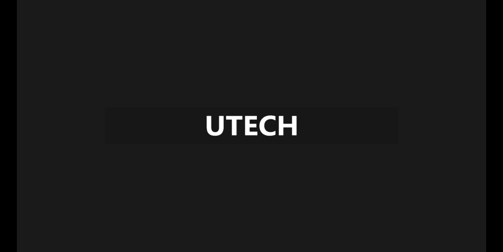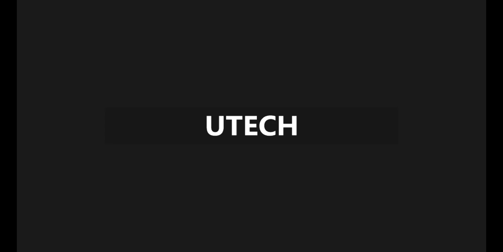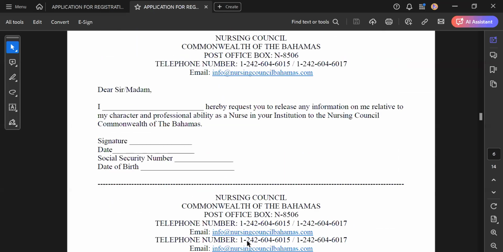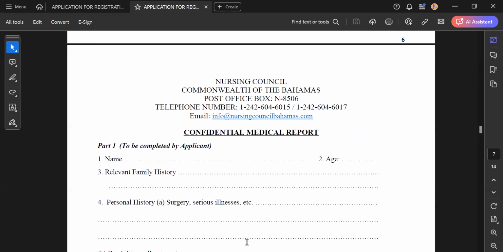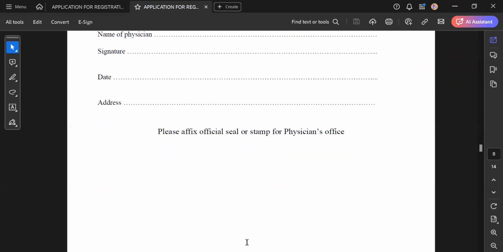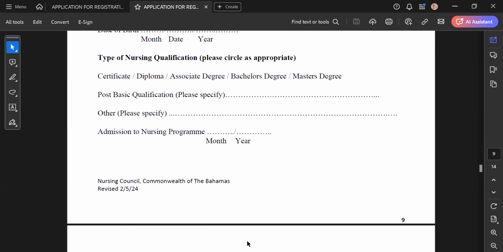That one is part of the forms. I think either page 7 or so. Let me check. I have it. This page 7 is for the medical records.